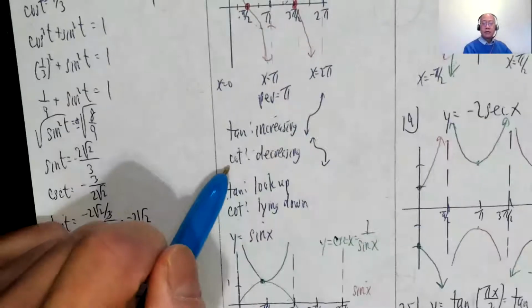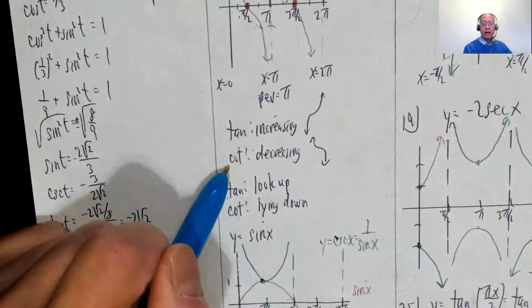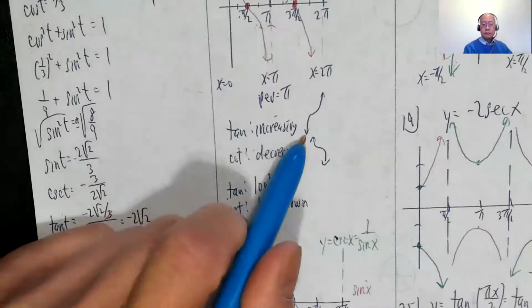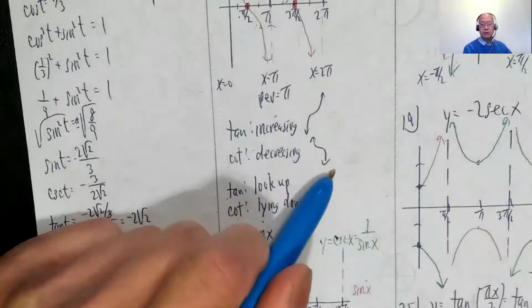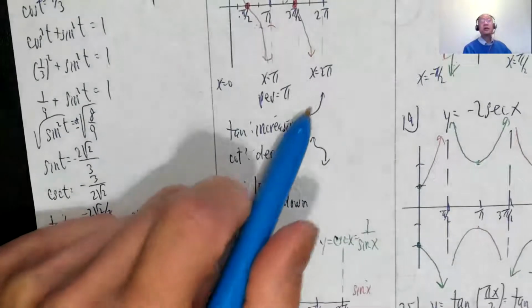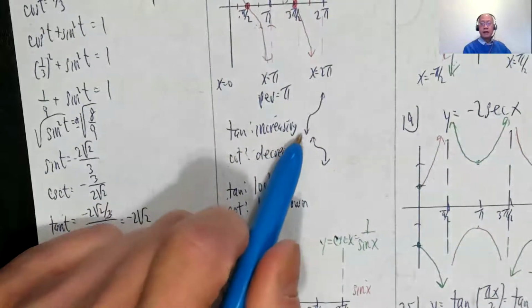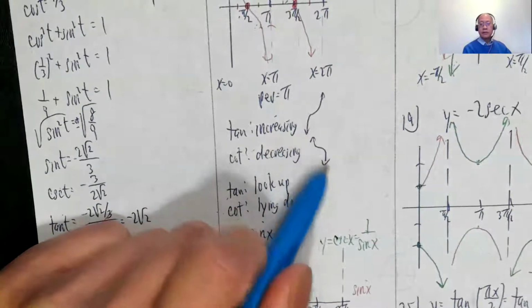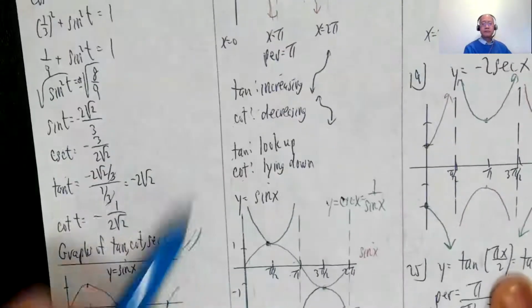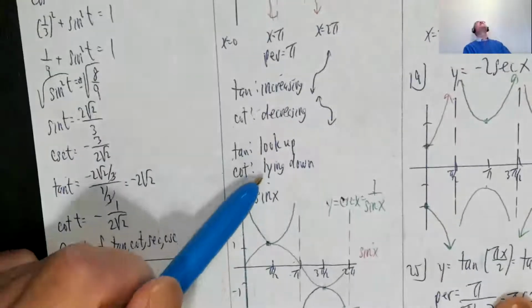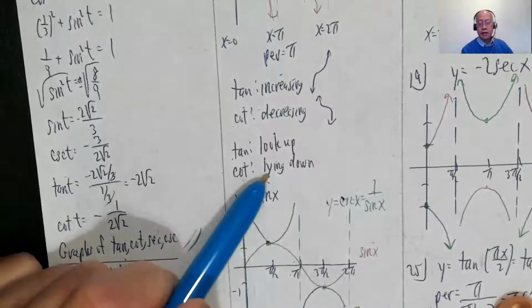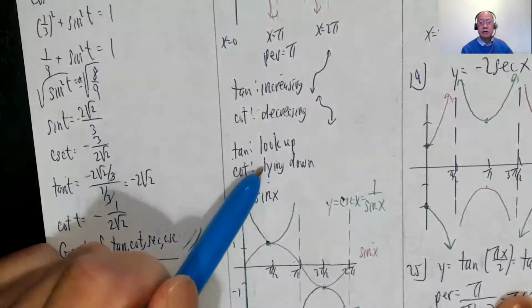And a cot, if you're lying down on a cot, you're lying down, so you're going down. So I think of tan, looking up, so tan is increasing. If you're on a cot, a bed, you're lying down, so that function is decreasing. So a tan, you're looking up. If you're on a cot, you're lying down. So anyway, that's my memory trick.